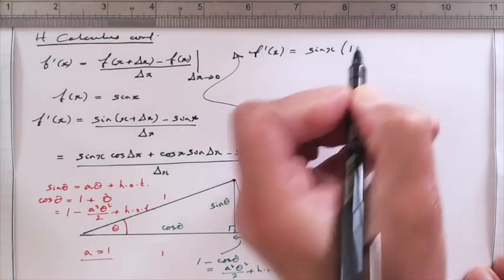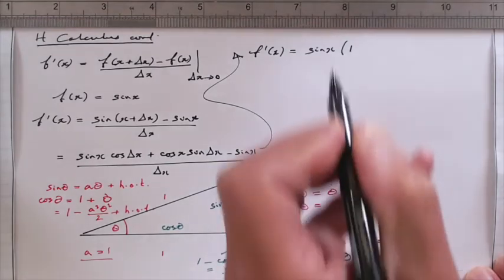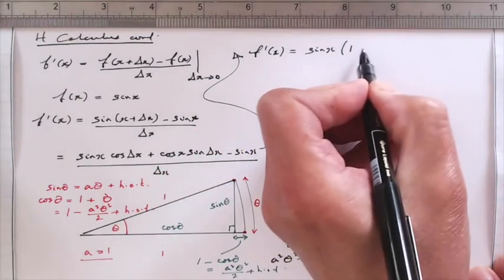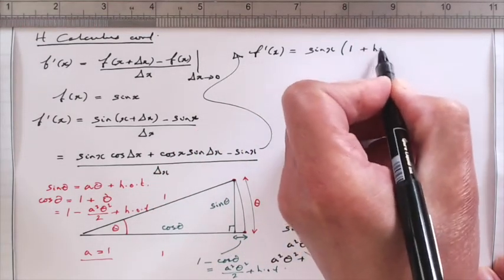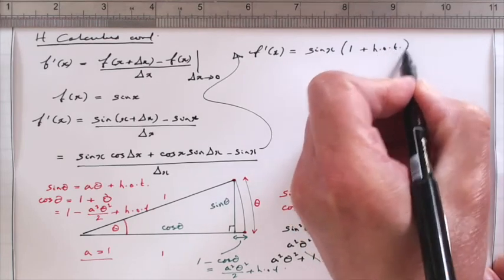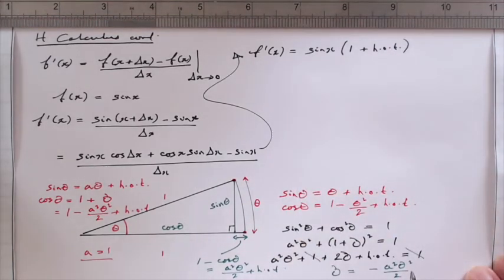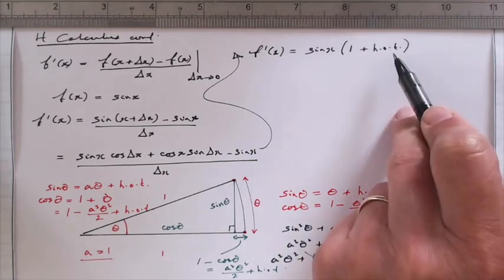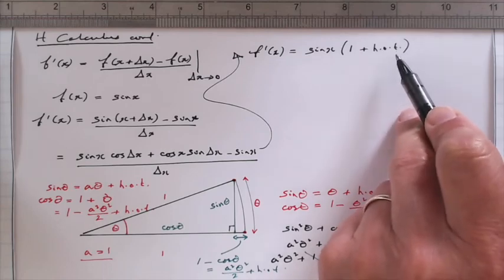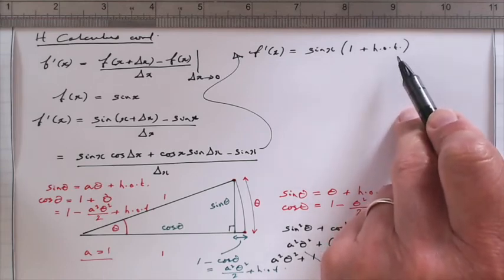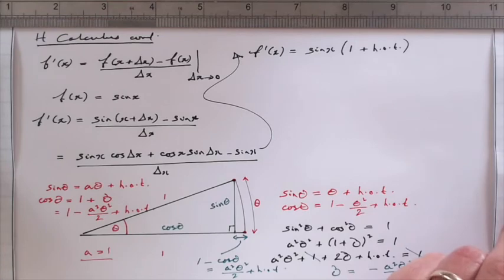It's 1, and I'm actually going to lump this theta squared as higher order terms. It's 1 plus higher order terms, and by that I mean terms that are smaller than something of size delta x, because the next term would actually be delta x squared over 2, but I don't even want to be bothered to write that because it's not important for us. It's too small to matter.